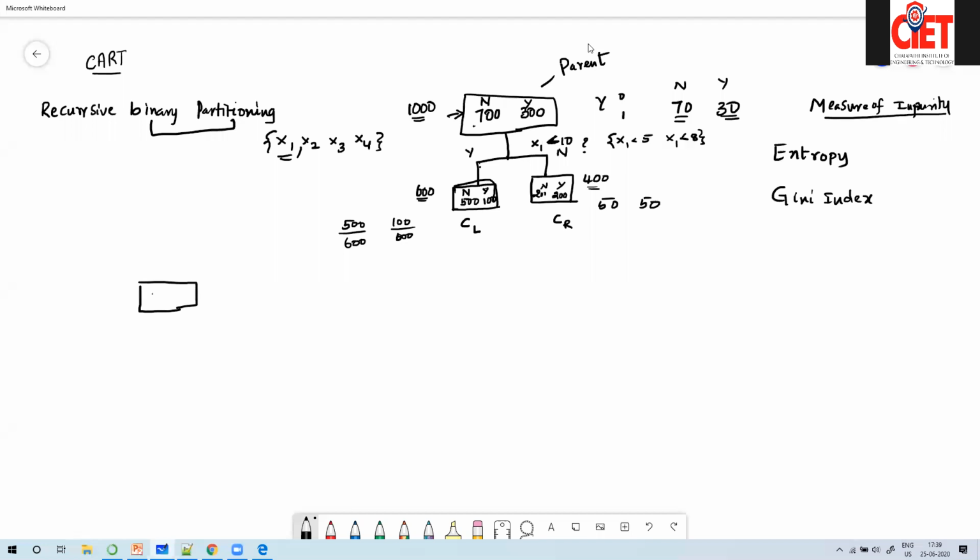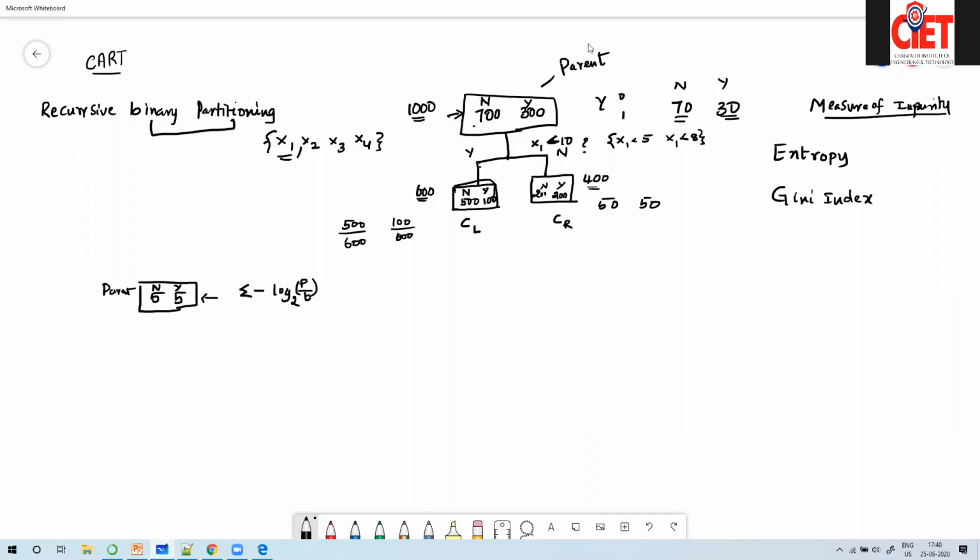Let's say we have 5 observations here, 5 observations here. This is no, this is yes. So this is your parent node. Now, to measure the impurity at this node, we use the negative sigma of P_i by T log of P_i by T to the base 2.